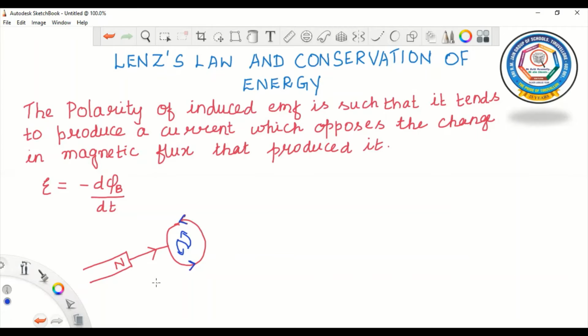The magnetic moment associated with this current has north polarity towards the north pole of the approaching magnet. Similarly, if the north pole of the magnet is being withdrawn from the coil, what will happen? Let's see now.